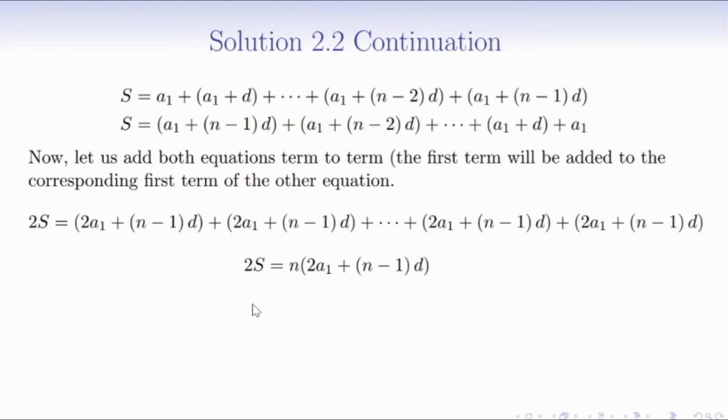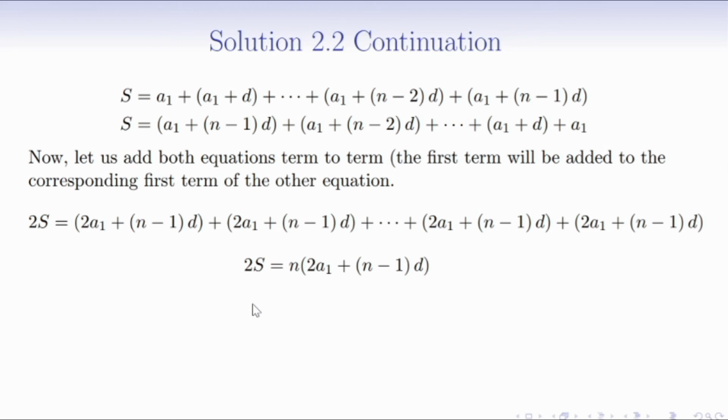If we add term by term, we get 2S, because S plus S is 2S. Adding a sub 1 plus a sub 1 plus n minus 1 times d gives 2a sub 1 plus n minus 1 times d. Then a sub 1 plus d plus a sub 1 plus n minus 2 times d gives again 2a sub 1 plus n minus 1 times d.